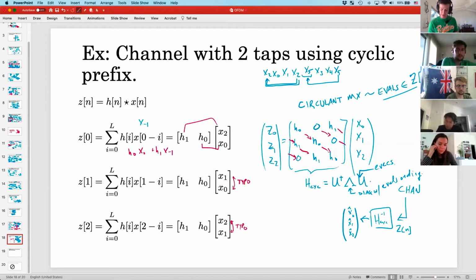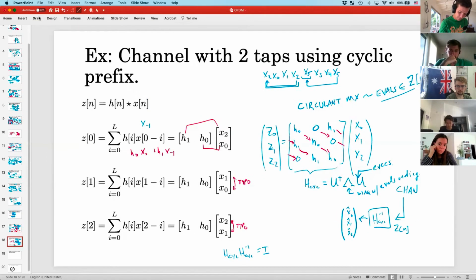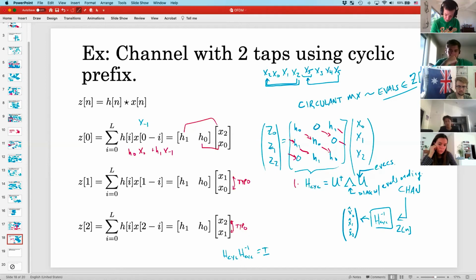So if you know the spectral decomposition of this matrix, then you can invert it actually really quickly, because to invert this matrix, well, what would you have to do? What we want is H cyclic times H cyclic inverse. That would be identity. But we know that H cyclic is, if I multiply both sides by U and U dagger on either side, so multiply by U dagger, that means I multiply on the left by U and on the right by U dagger.